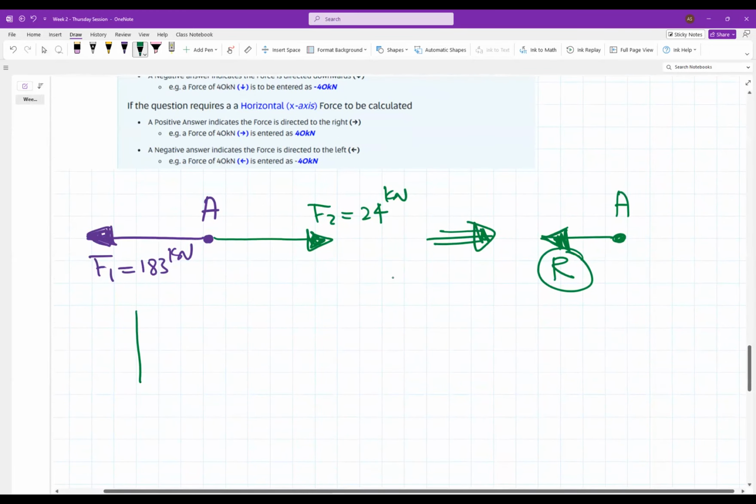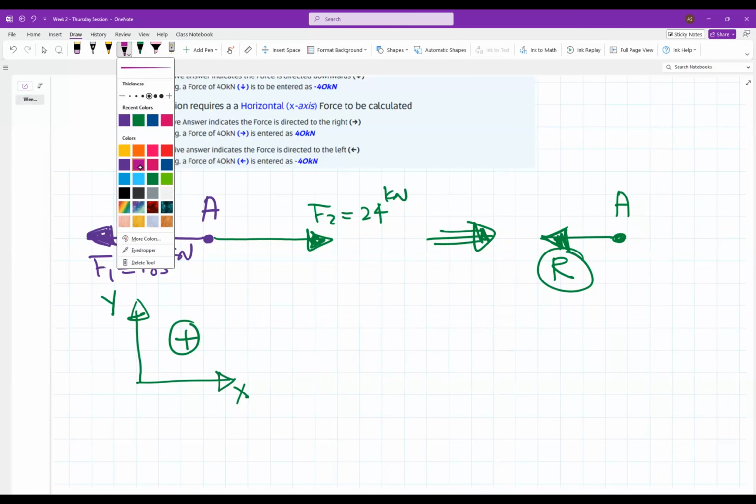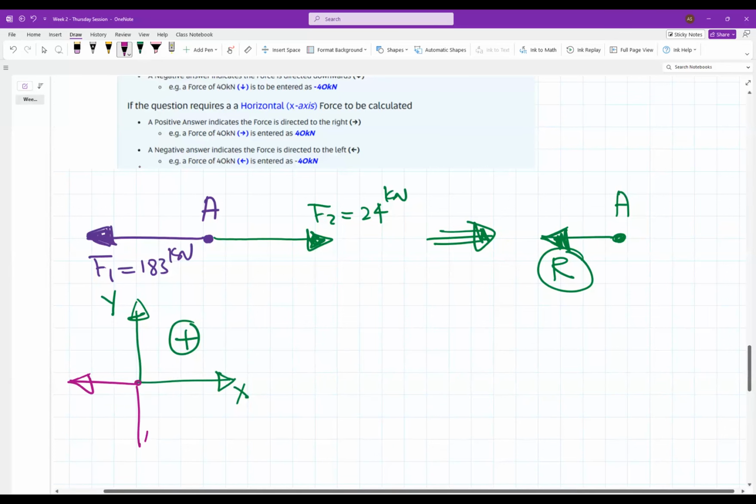Okay, so before we start, I want to show you something. We have agreed a positive direction for forces in X and forces in Y. What is the agreed positive sign? To the right of X is positive, and upward is positive for Y. So if we have the opposite directions, this is negative Y, this is negative X. X to the left is negative, Y downward is negative.